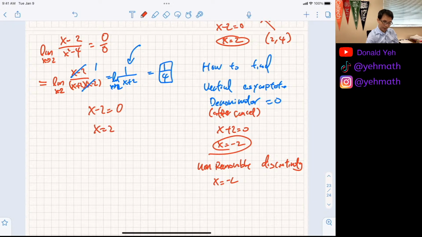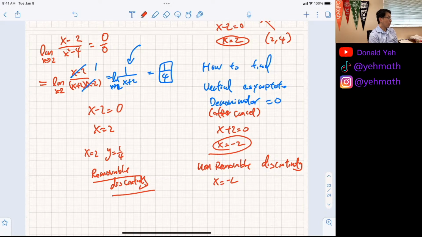So this is x equals 2, y equals 1/4. It's going to be the removable discontinuity.